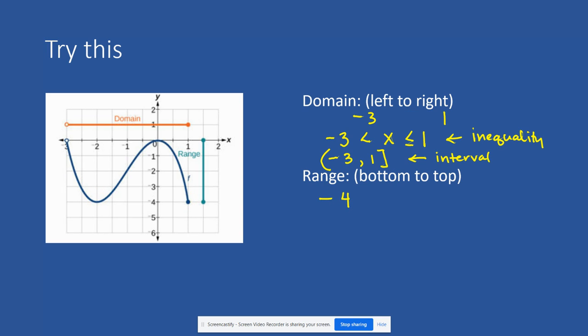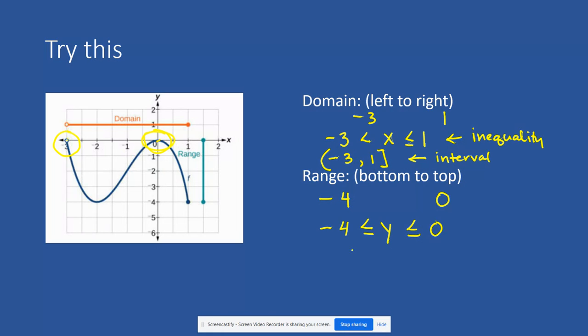Okay. My highest point has a y coordinate of 0, and this one's not included, but this one is included, so that one's a little bit higher because it includes it. So my range is going to be -4 is included because there's a point there, and 0 is included because there's a point here, even though there isn't one at the other end.